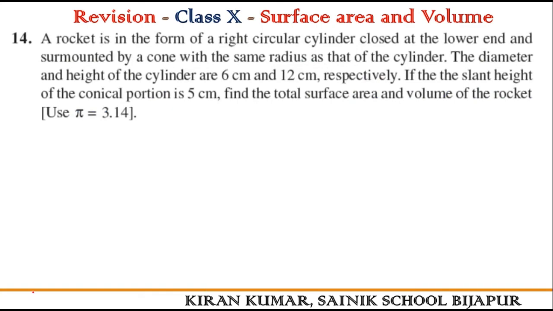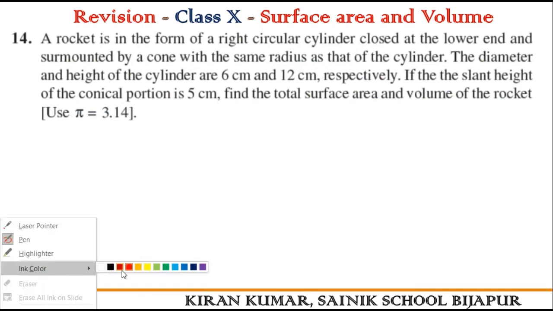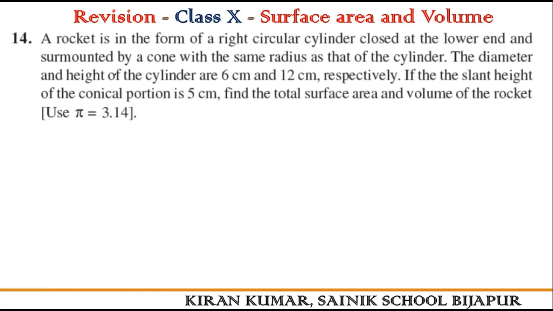Question 14. A rocket is in the form of a right circular cylinder closed at the lower end and surmounted by a cone with the same radius as that of the cylinder.